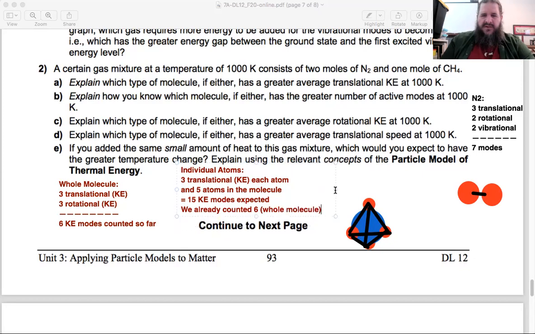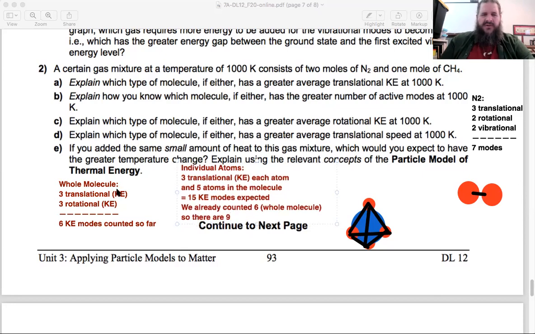So those mysterious extra 9 modes, what do you think they are? They're not translational, they're not rotational. Vibrational. Yeah. And since these are specifically kinetic energy, that means there's 9 kinetic energy vibrational modes. But there's also potential energy vibrational modes. These 9 are just talking about how the atoms wiggle around inside the molecule.